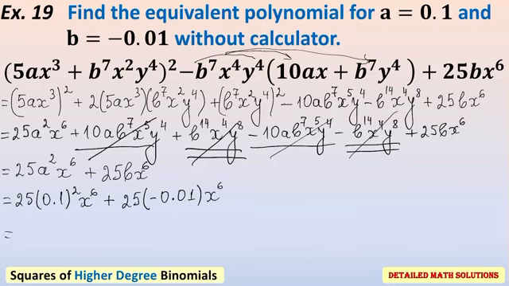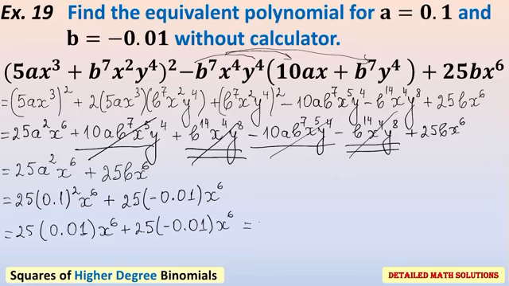So this equals 25 multiplied by 0.01 x to the 6th power plus 25 multiplied by negative 0.01 x to the 6th power.